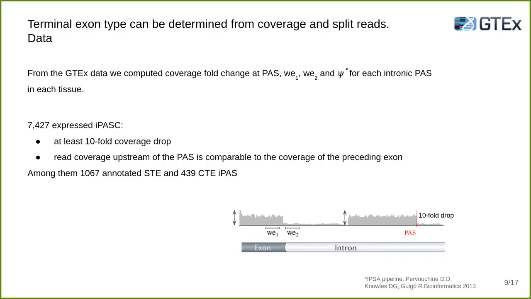Then we selected a set of 7.5 thousand intronic polyadenylation sites expressed in at least one tissue. Expressed site is characterized by at least 10-fold coverage drop at polyadenylation site and substantial read coverage in the intron upstream of the site. About 1,500 polyadenylation sites out of these 7.5 thousand can be classified as STE or CTE based only on the annotation.